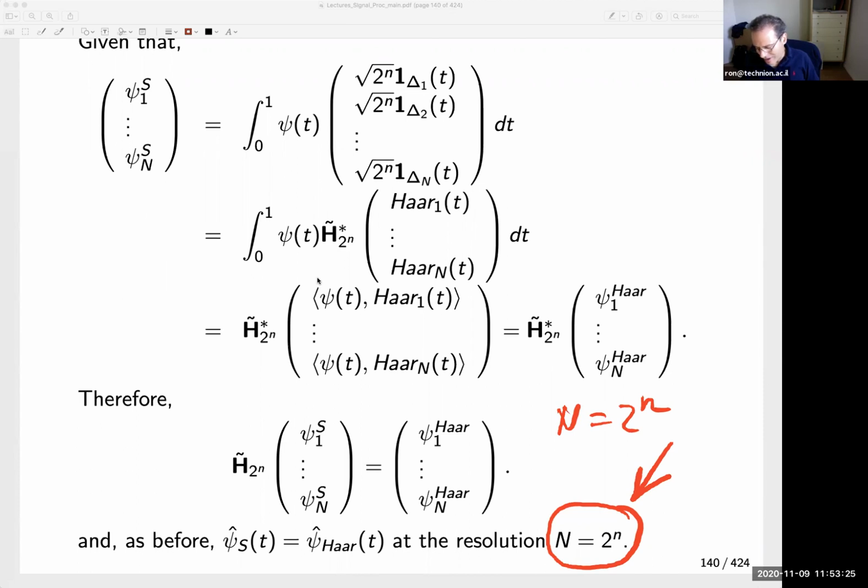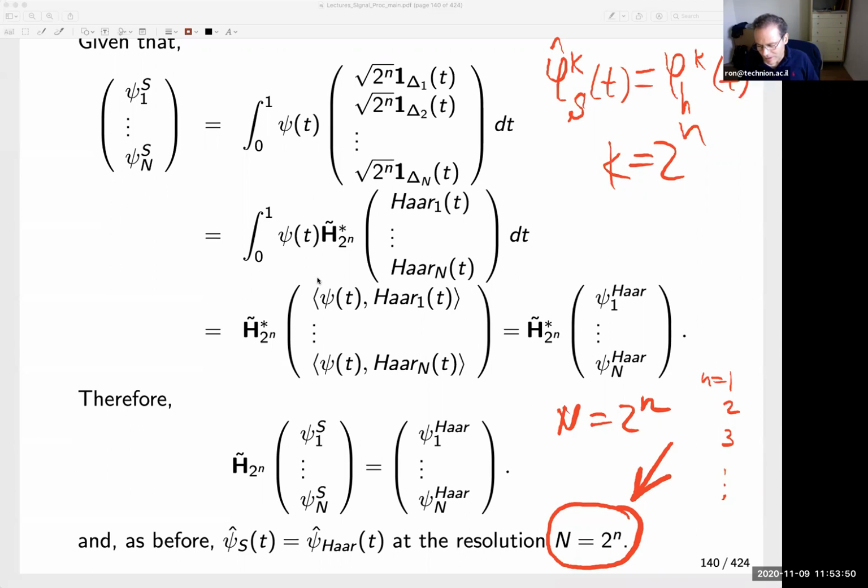It should also be true for n equals 1, 2, 3, etc. So if I take my k to be 2 to the power of n, I would get that psi k using the standard basis would be identical to psi Haar k using the standard basis. Okay, this is just for these numbers.